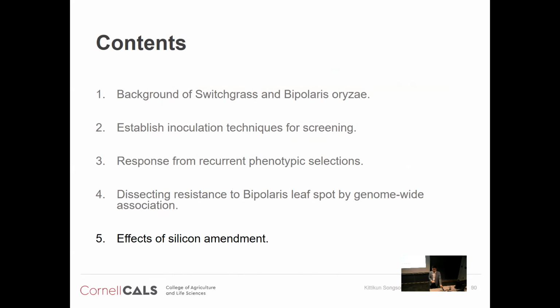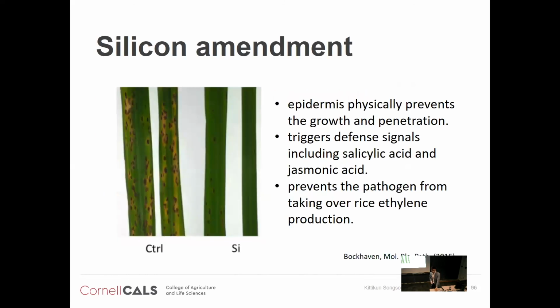So at this point, it's the end of my breeding part, where I tried so hard to breed for these traits. But don't forget that we can still manage this disease with other approaches. In recent years, there's a trend to apply silicon to rice to be resistant to Bipolaris leaf spot. It has been proven that silicon can coat the seeds and the leaves to physically prevent the intrusion of this pathogen.